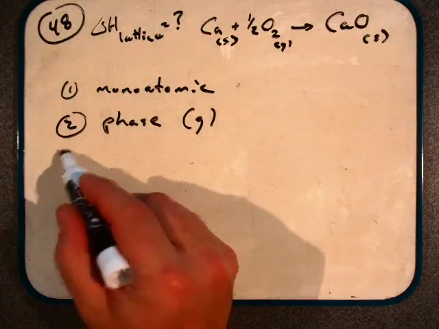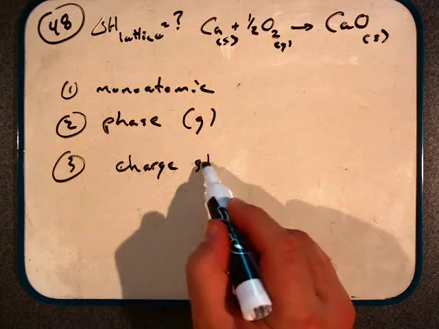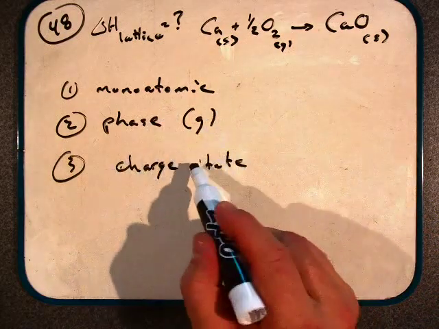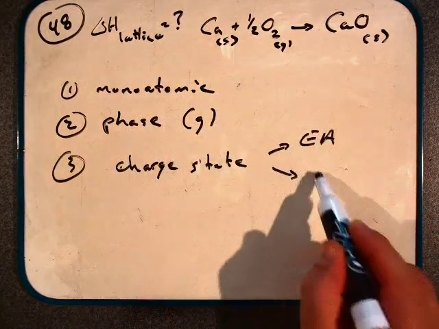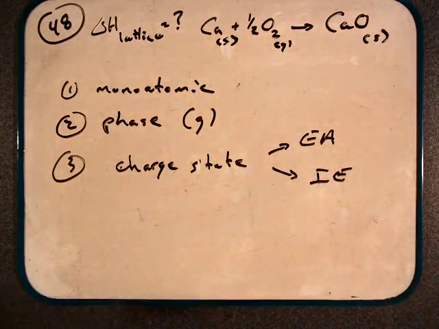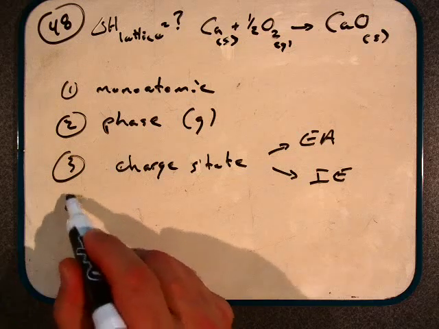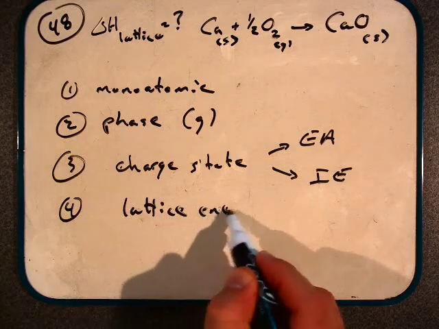The third step is then in the proper charge state. And so that's going to involve either electron affinity or ionization energy in order to get the proper anion or the proper cation in order to condense, which is the final step, which is the lattice energy.